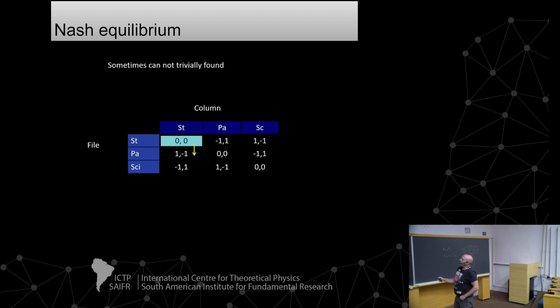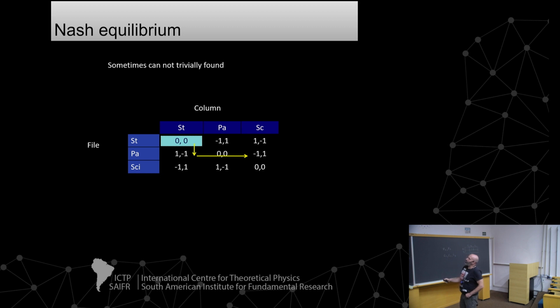But once this individual in the column realizes that the other player is playing paper, will change the strategy and will start to play scissors. So once this starts to play scissors, the payoff for the column is higher than the payoff for the file.